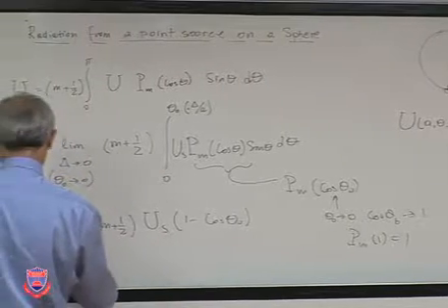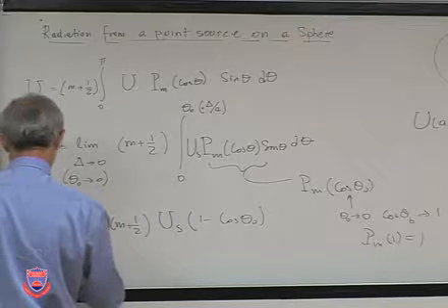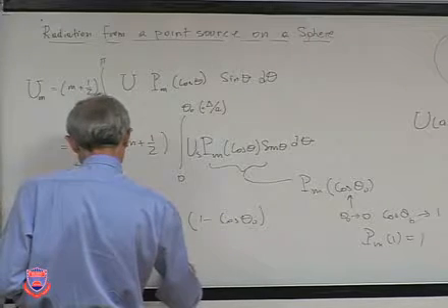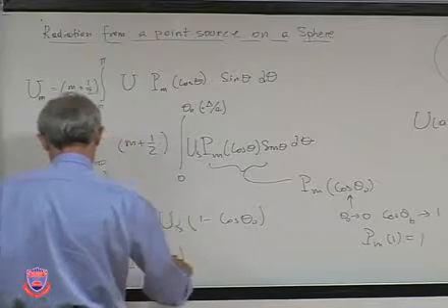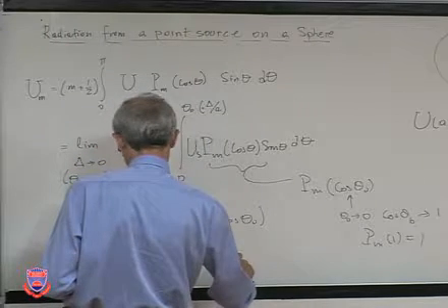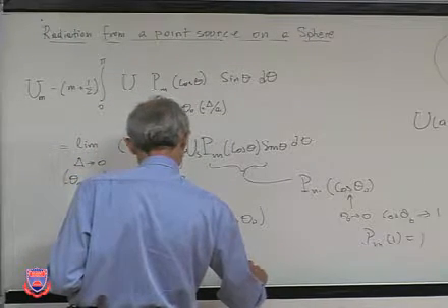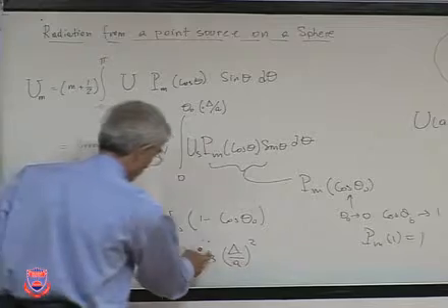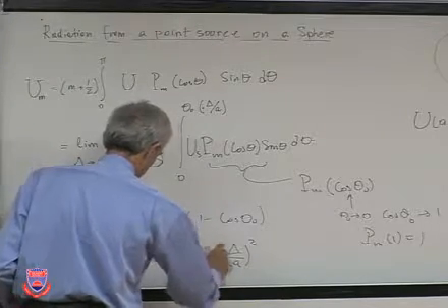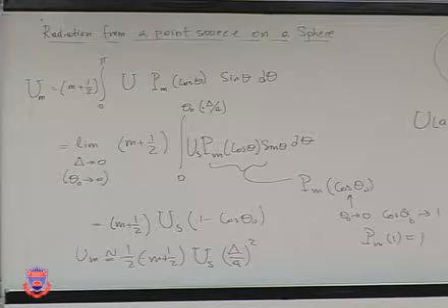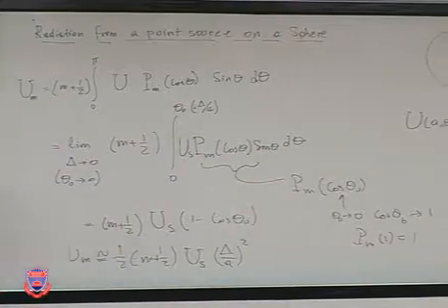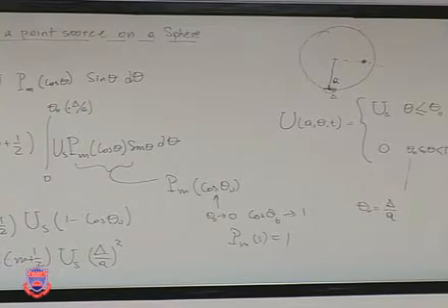So finally we say, or theta 0 squared. See, this is sub S. Those are the coefficients of Legendre functions that represent a point source on a sphere.